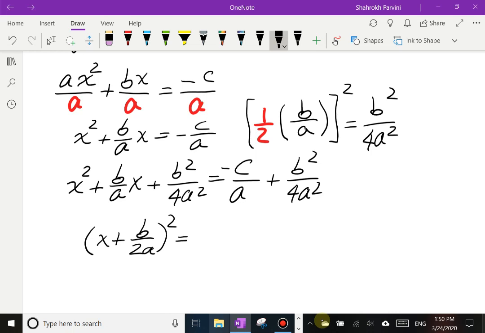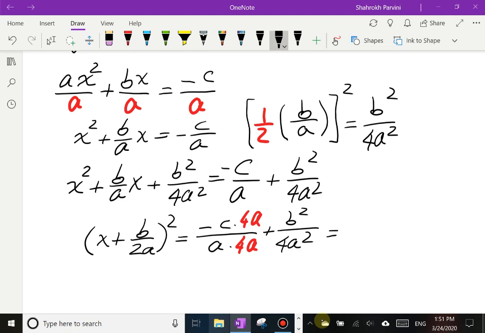On the right side, we can combine these two fractions. Negative c divided by a needs a common denominator, so I build the fraction to the LCD, which is 4a squared, by multiplying 4a on top and bottom, plus b squared over 4a squared.